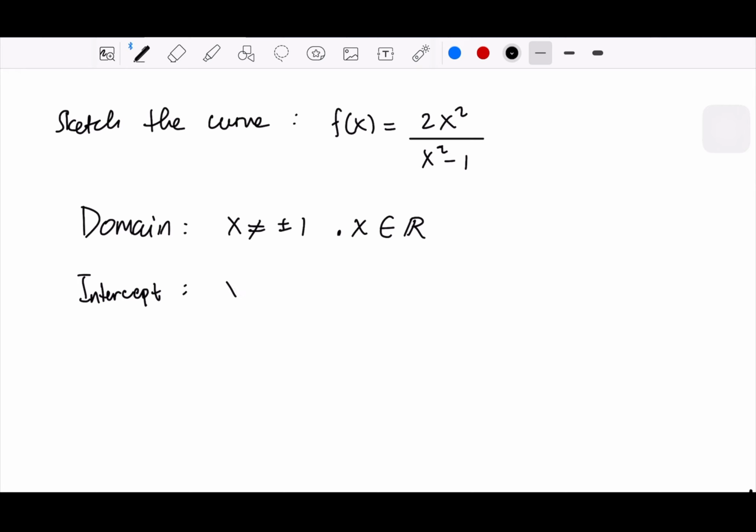We also check the intercept when x is 0. We plug in x equals 0, and we get 0. So (0, 0) is our intercept, and our curve will pass through the point (0, 0).